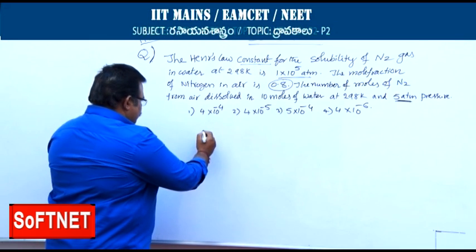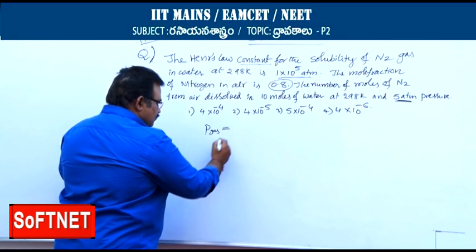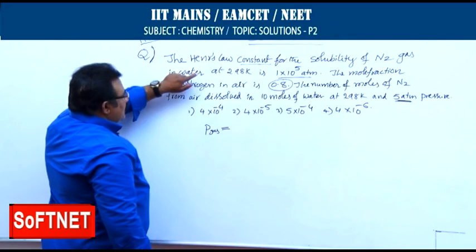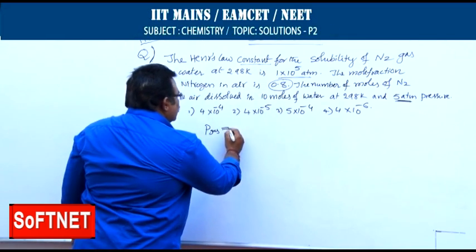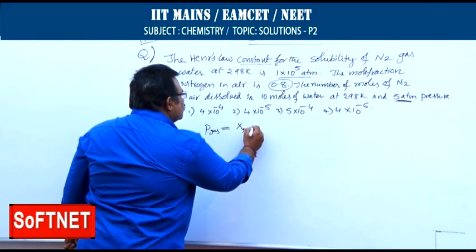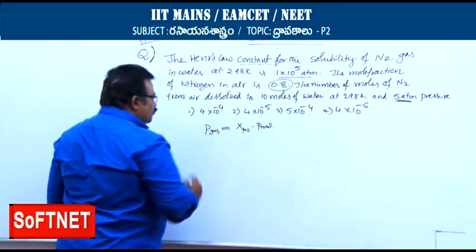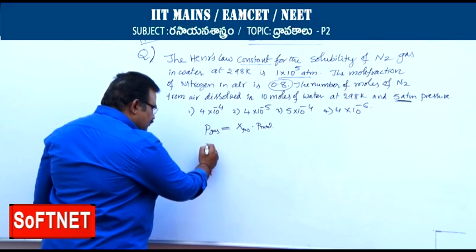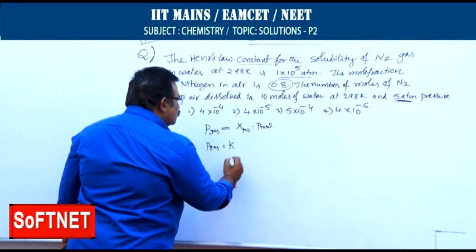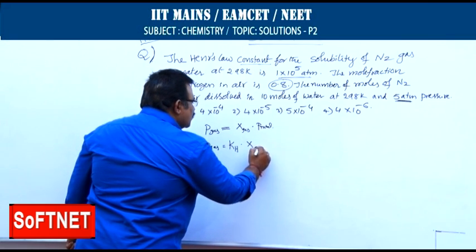We all know that the partial pressure of the gas is equal to the mole fraction of the gas into the total pressure. Henry's law states that the partial pressure of the gas is equal to Henry's law constant into the mole fraction of that gas.